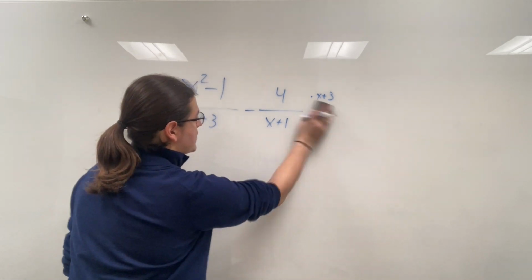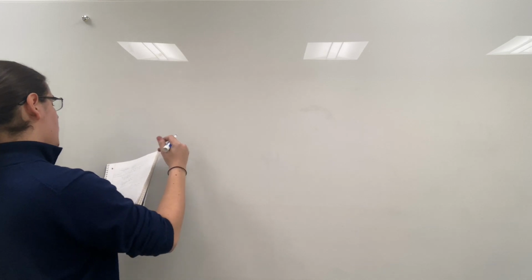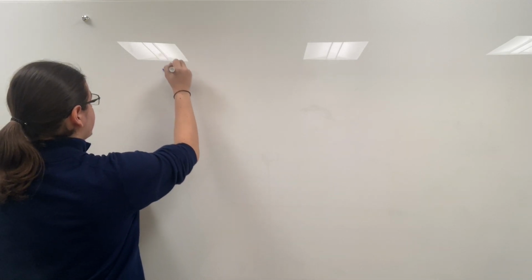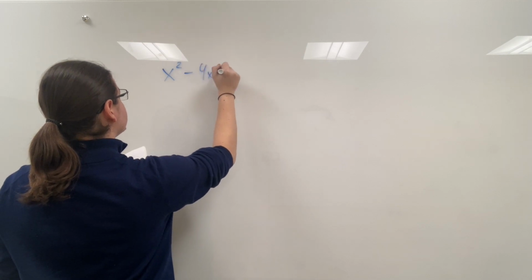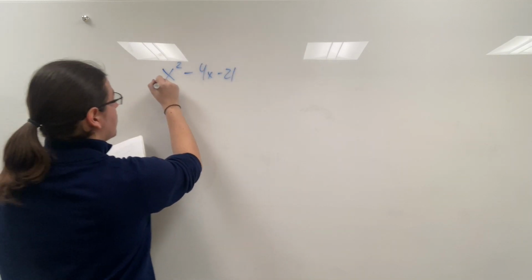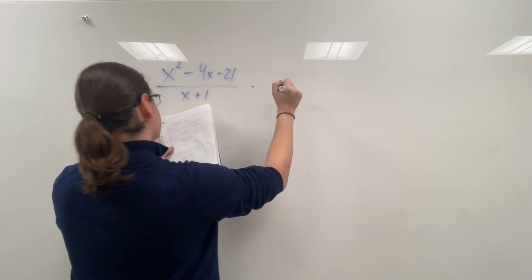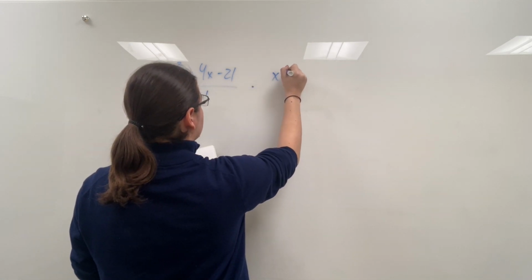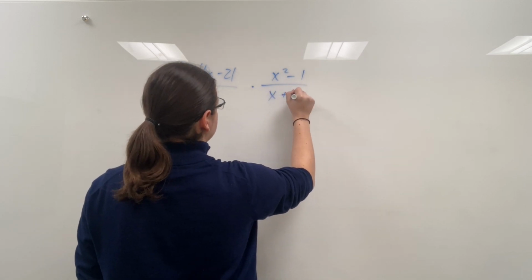So let's keep going down the list of order of operations. Let's try x squared minus 4x minus 21 over x plus 1 times x squared minus 1 over x plus 3.